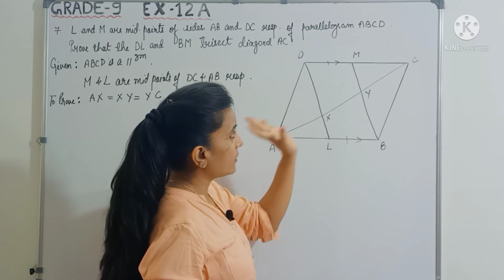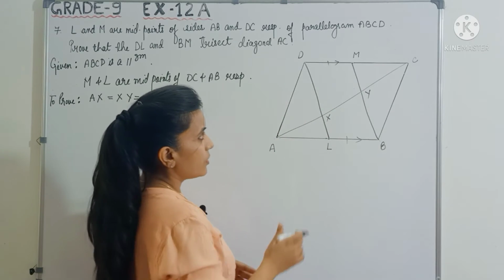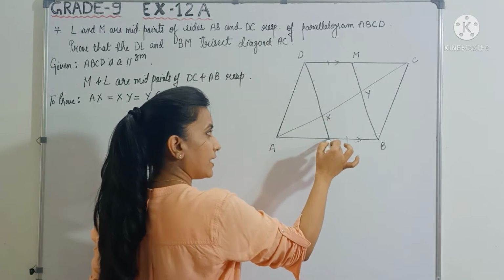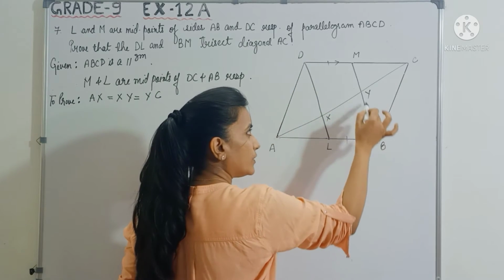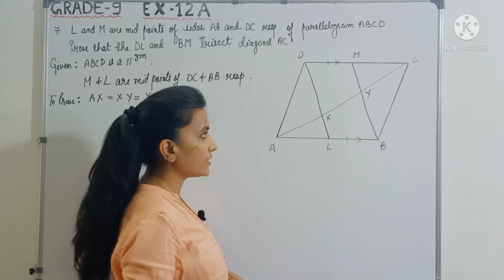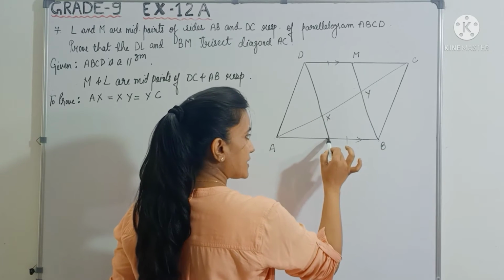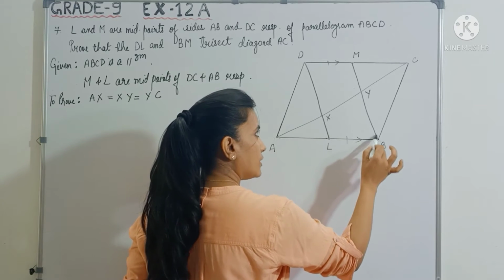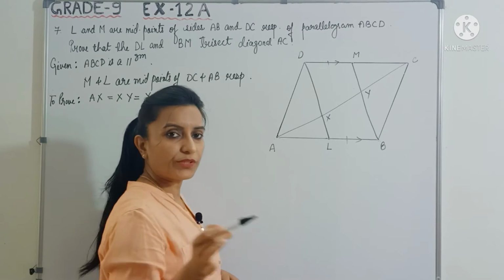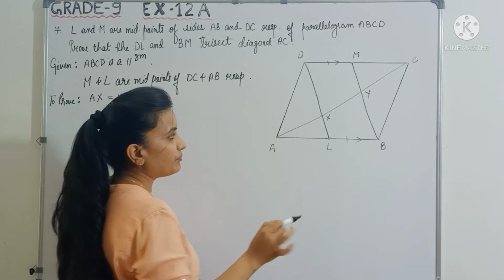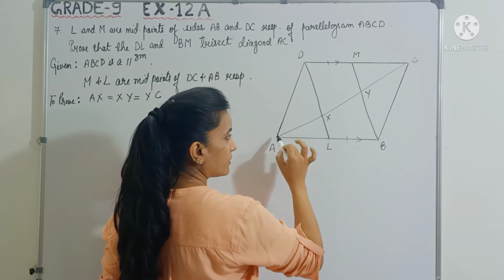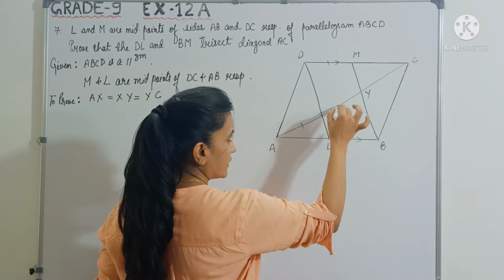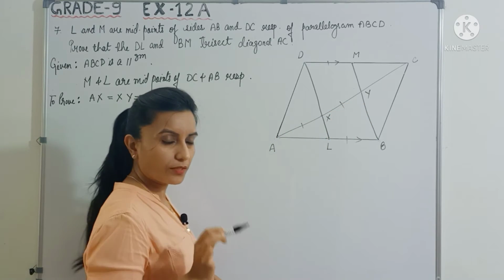So this becomes a parallelogram, right? So now since this is a parallelogram, I can say that LX is parallel to BY, right? Isn't it? In this triangle, L is the midpoint of AB and LX is parallel to BY. So from the converse of midpoint theorem, even X will be the midpoint of AY, right? So we showed that AX is equal to XY.